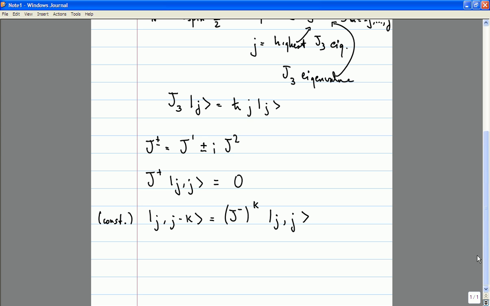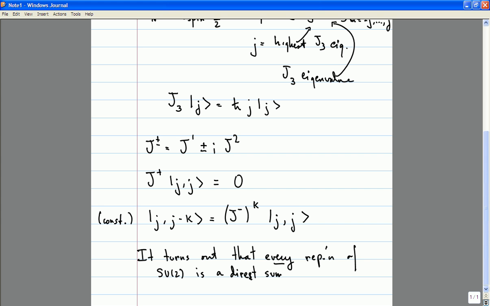So I then stated for you, without proof, a sort of remarkable mathematical fact, which is that it turns out that every representation of the rotation algebra, SU(2) or SO(3), they're really different names for the same algebra as we discussed last time, is a direct sum of these H sub n's.